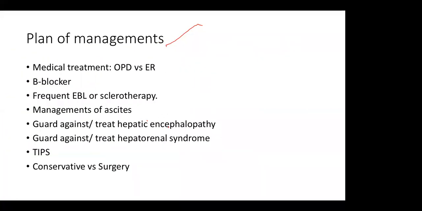The plan of management for patients with portal hypertension usually starts with medical treatment, whether the patient is elective or an emergency. For elective patients, we usually give a beta blocker, 40 milligrams once daily or even twice a day. These patients also need regular endoscopic band ligation or sclerotherapy, management of any ascites, treatment of hepatic encephalopathy, and of any hepatorenal syndrome.